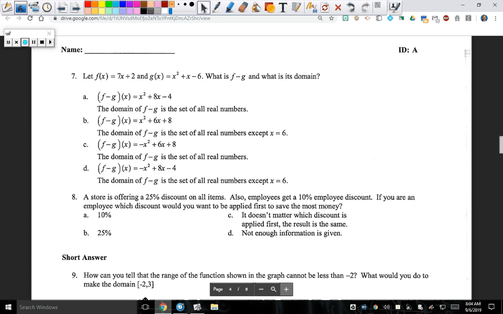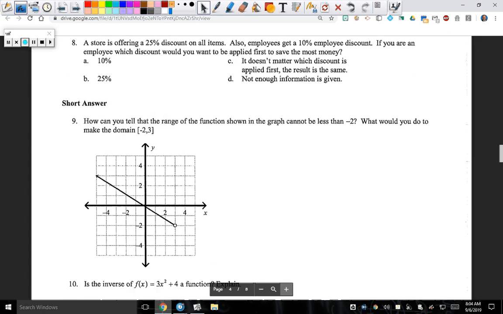Okay, so let's go on to number 8. Number 8 says the store is offering a 25% discount on all items. Also, employees get a 10% employee discount. So if you are an employee, which discount would you want to be applied first to save the most money? Well, here's the thing. Let's say I have something that costs $100 and I'm getting a 25% discount.